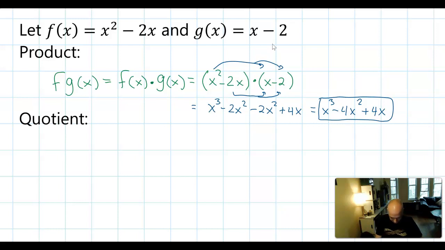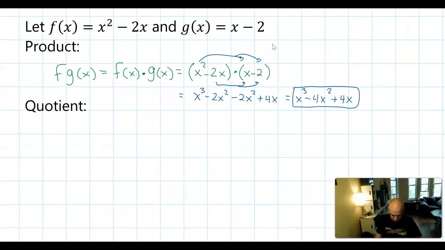Then the last thing you might be asked to do is the quotient of the two functions, which is the division. So (f over g) of x is how this will be written. And if you see that, it's asking you to do the equation for f of x divided by the equation for g of x. We can set this up.